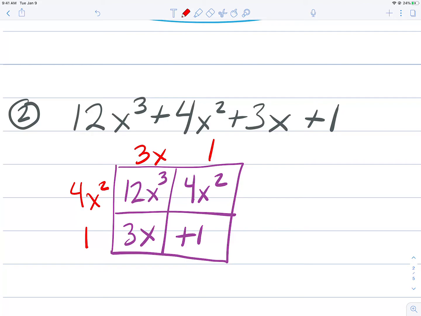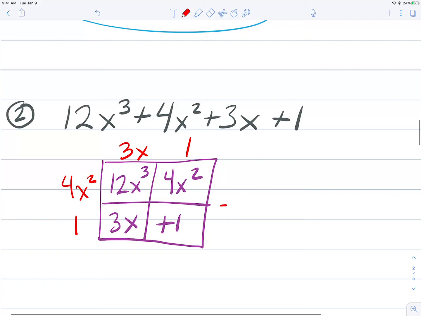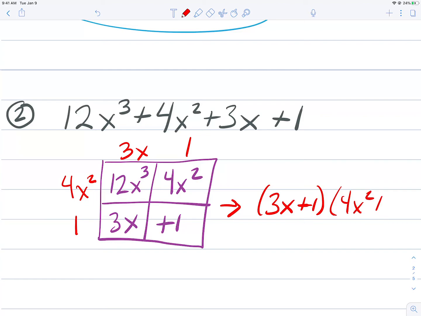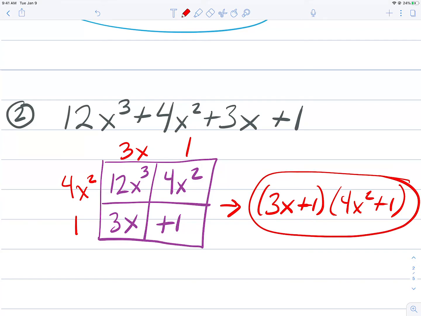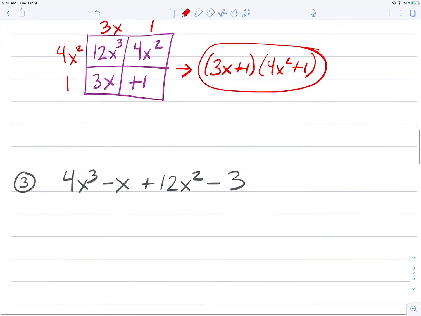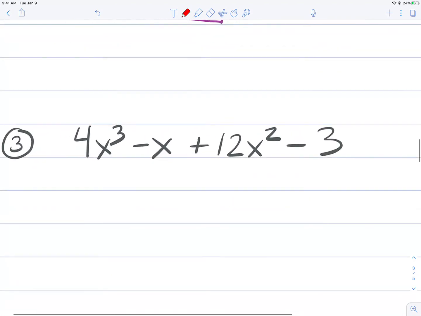So now, if I just look at the sides of my box, I have my answer. I have a 3x plus 1 on the top and a 4x squared plus 1 on the side. So that's my factored answer for that four-termed polynomial. Okay, let's try one more.